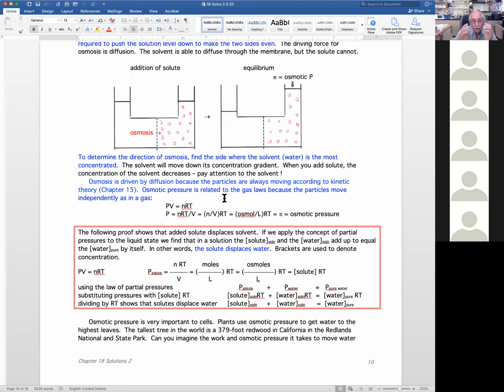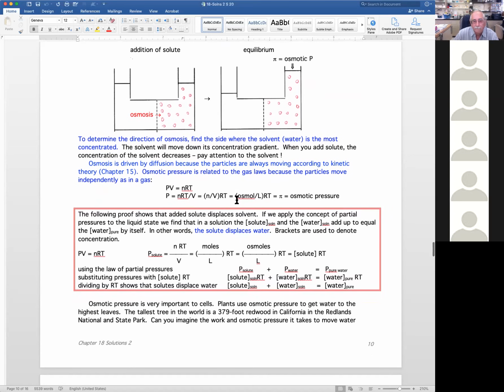So that's really all we have to do with this. We don't have to do any calculations, but I'll just show you something. Osmotic pressure is usually given that symbol, capital pi actually. And look at the ideal gas law. So I simply solve for pressure, right?